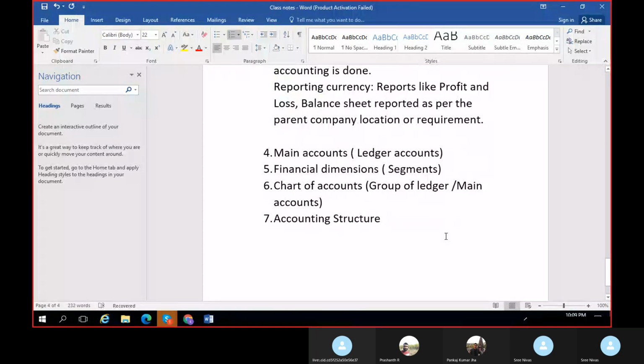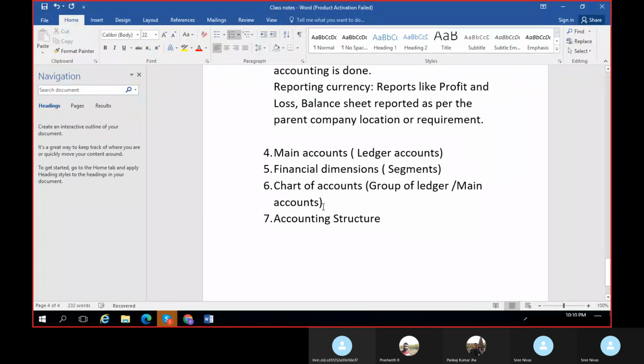This allows end users, such as the accounts payable or accounts receivable team, to post transactions. You have configured these separately: the main accounts, the P&L accounts, balance sheet accounts, and ledger accounts, the financial dimensions as per the classification requirement given by the client, and the chart of accounts.